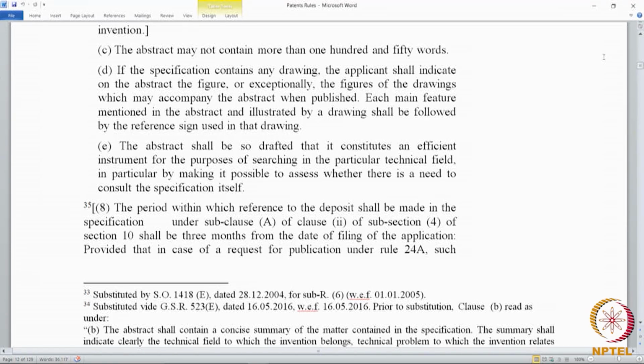So, in other words, the abstract should be self-contained. It should give a picture about the invention without the need to consult the specification.